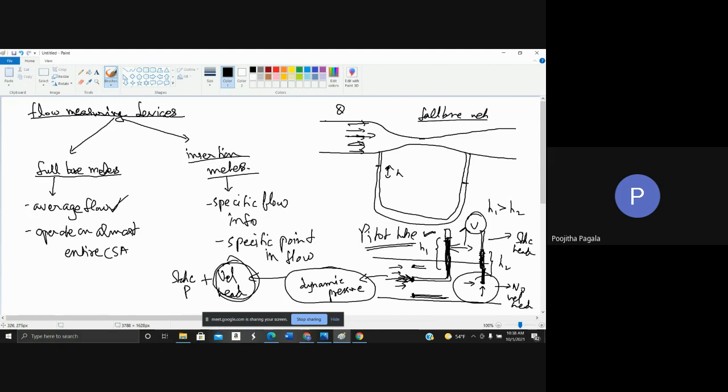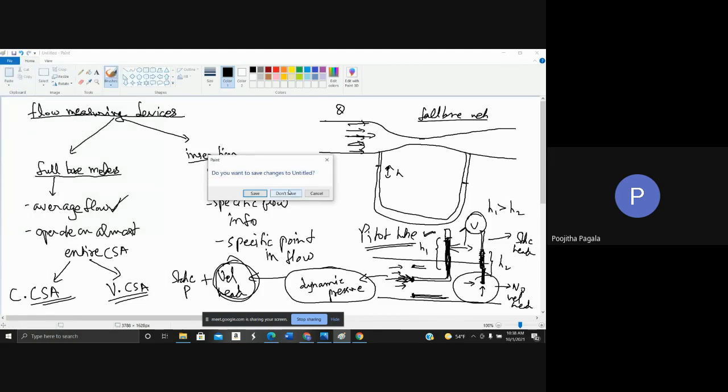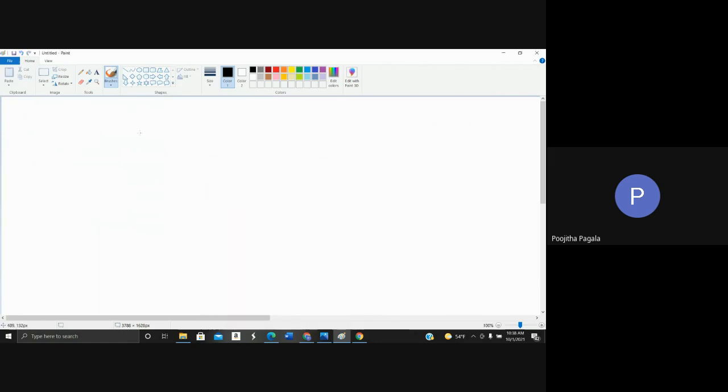And full bore meters can further be classified into two types, where you have constant cross-sectional area and variable cross-sectional area. For constant cross-sectional area, you have two main types. You have an orifice meter and you have a Venturi meter.